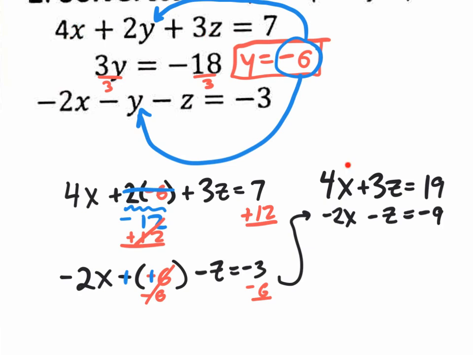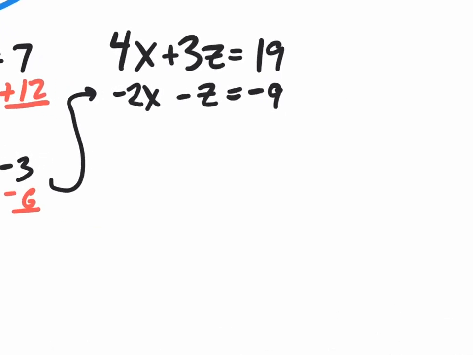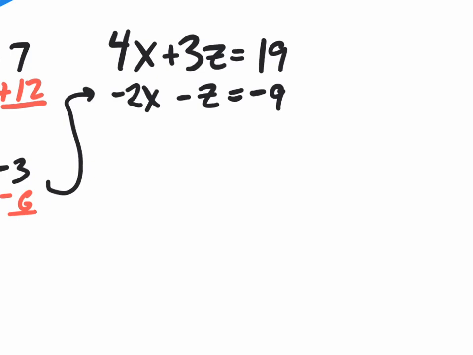You see this top equation, it became a simple 2 variable equation. The bottom one, after substituting y and moving it over, you got this new 2 variable equation. So now we have a new 2x2 system that we can solve.